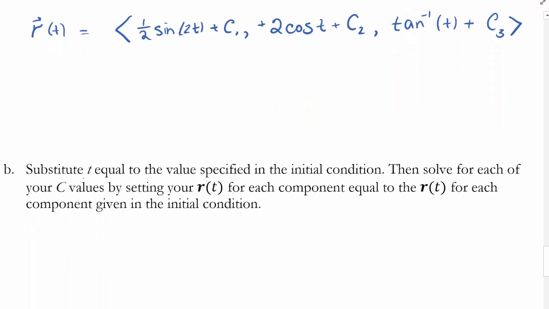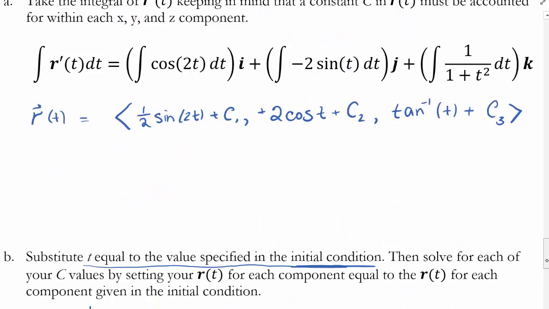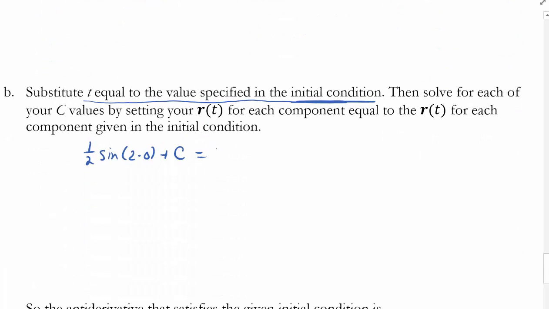Now, from there, we need to substitute t equal to the value specified and solve for the initial conditions. So I need 1/2 sine 2 times 0 plus c1 to equal the first component of my initial condition, which was 3, -2, 1. So that should equal 3.